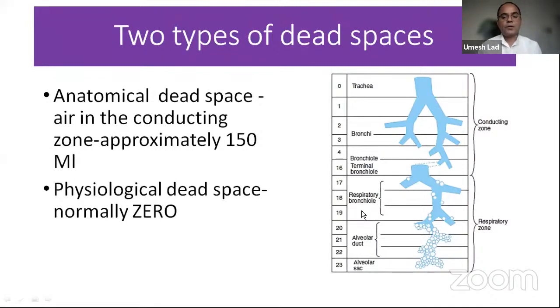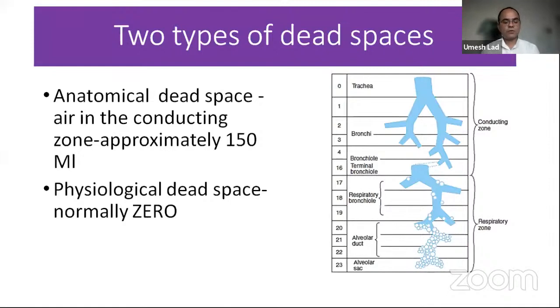Now normally, if a person is healthy, this physiological dead space will be zero. But anatomical dead space will always be there, and if it increases, it might be due to some anatomical defects in the development of the respiratory tree. So these two concepts you have to remember: dead space is of two types, one anatomical, another physiological.